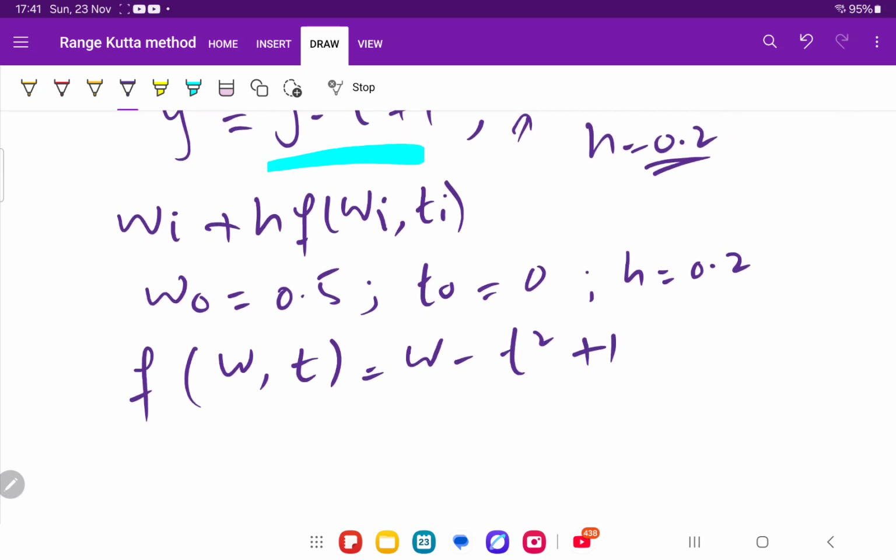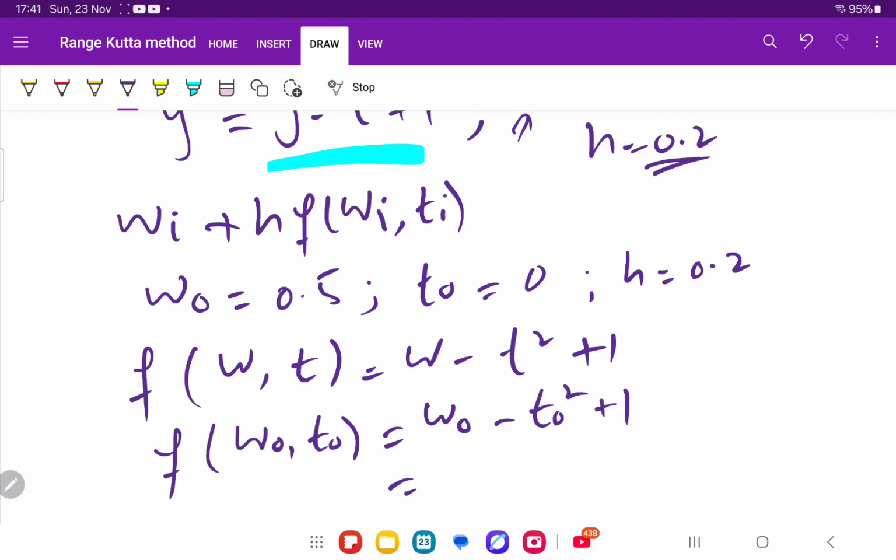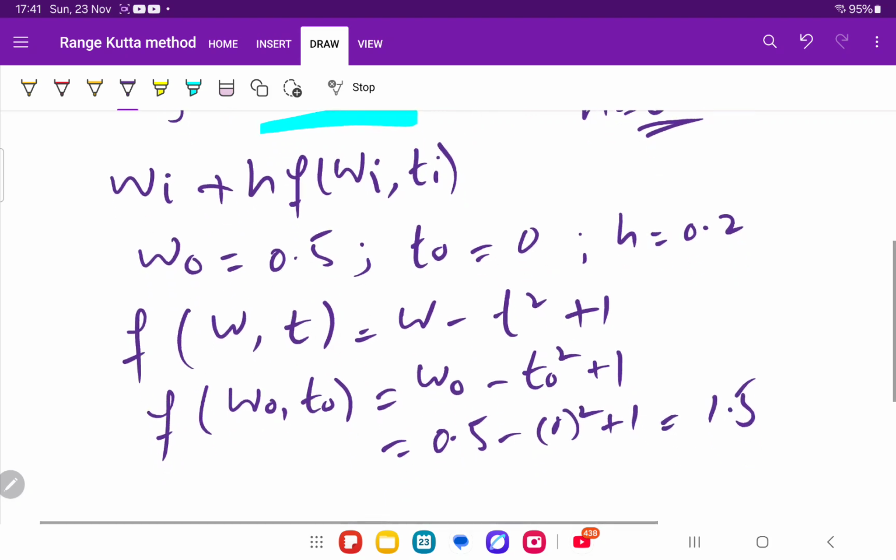So w minus t square plus 1, that is your function. We need to convert it to w naught and t naught: w naught minus t naught square plus 1. So w naught is 0.5 minus t naught, which is 0, square, plus 1. The answer is 1.5. That's what we have calculated for w naught, t naught.